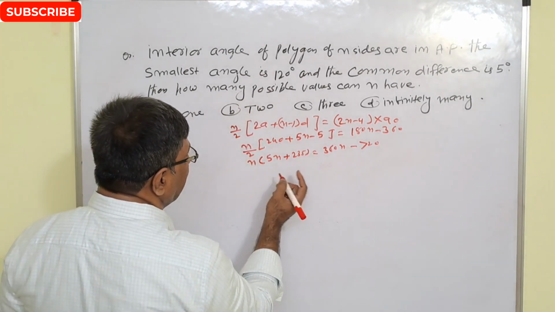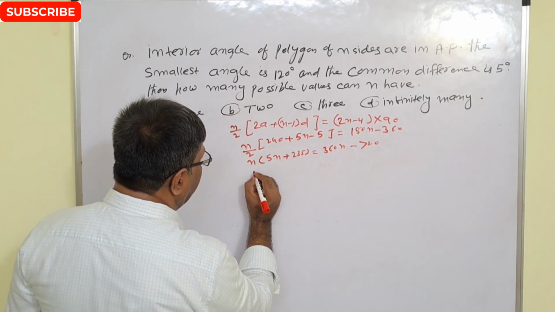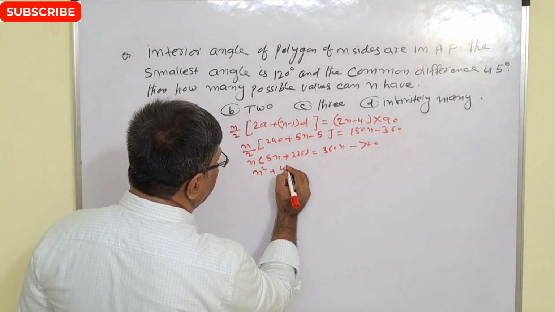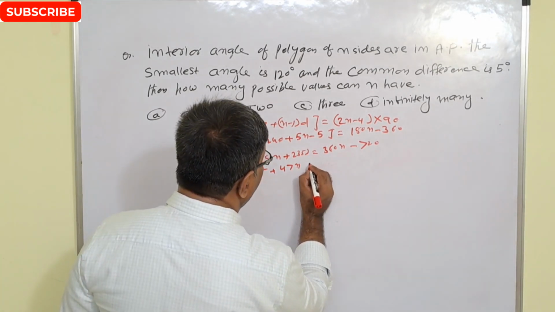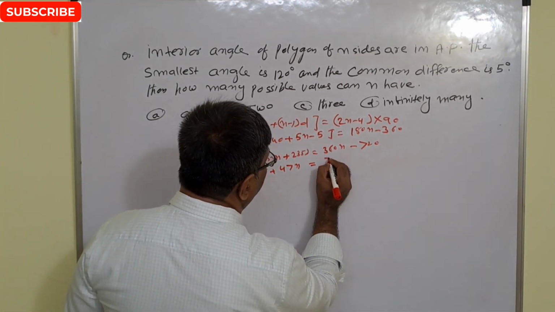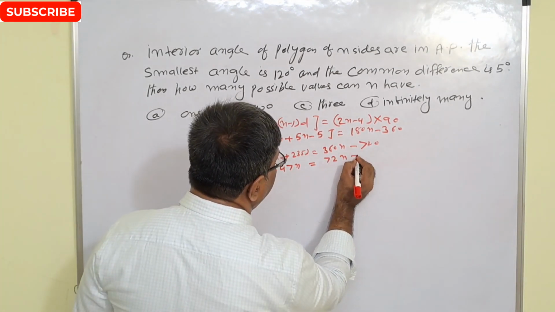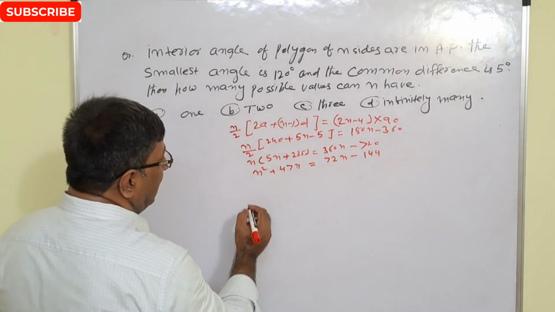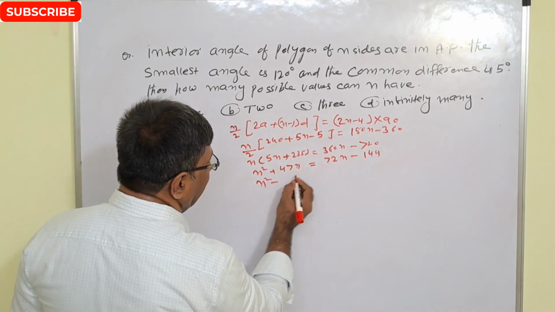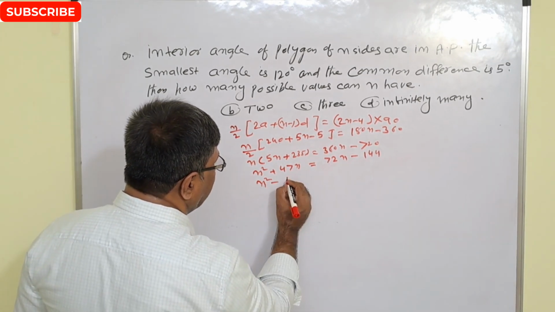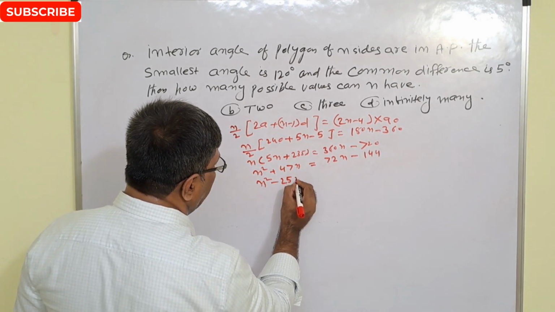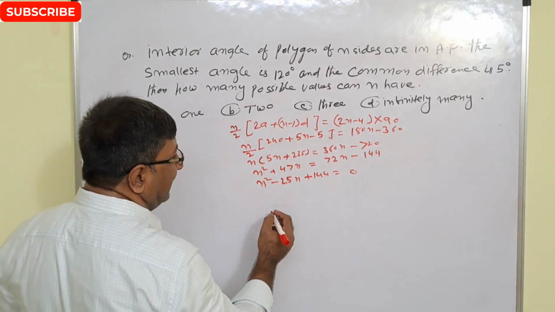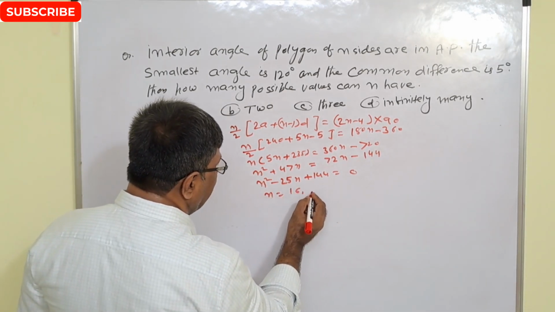When we simplify, 5 is common, so we get n square minus 25n plus 144 equal to 0. 16 nines are 144, so we will get n as 16 and 9.